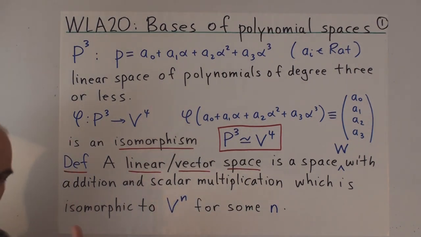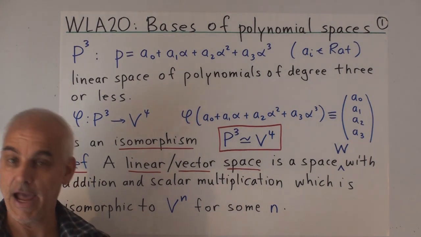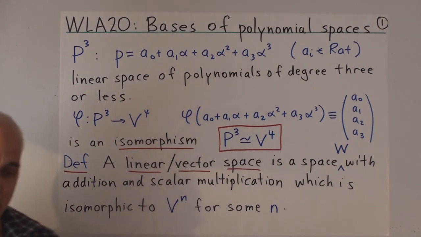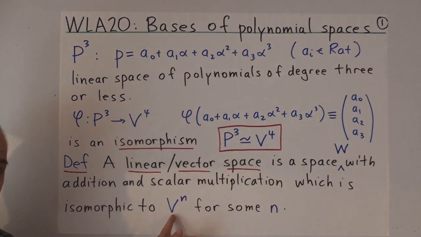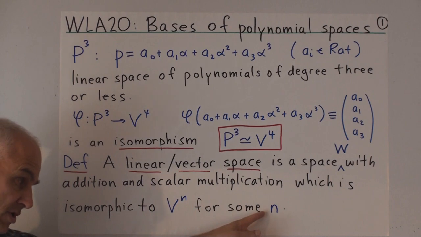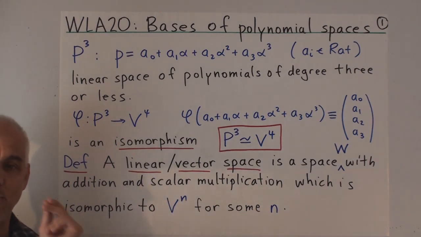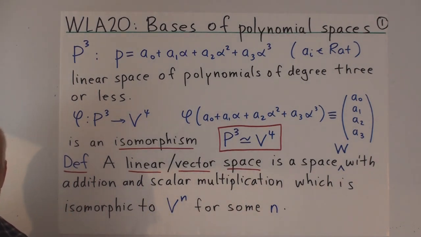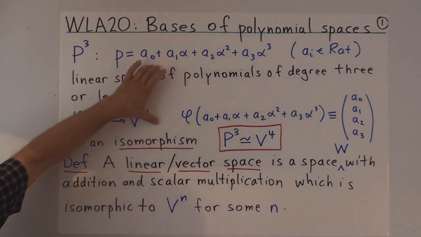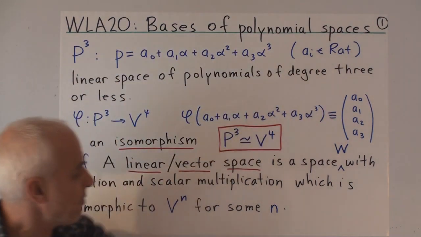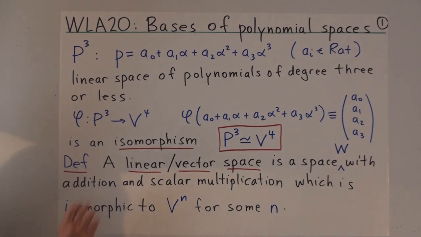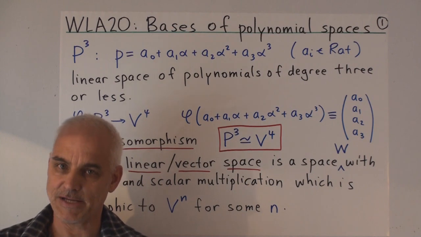So if we have any old space whatsoever that has an addition and a scalar multiplication, and we can find an isomorphism from that space to a space of column vectors of the appropriate dimension, then we say that we've got a linear space, or a vector space. That's the situation here. We've got these polynomials. We have an identification or an isomorphism with V4, so we can say the polynomials form a linear space, or a vector space.